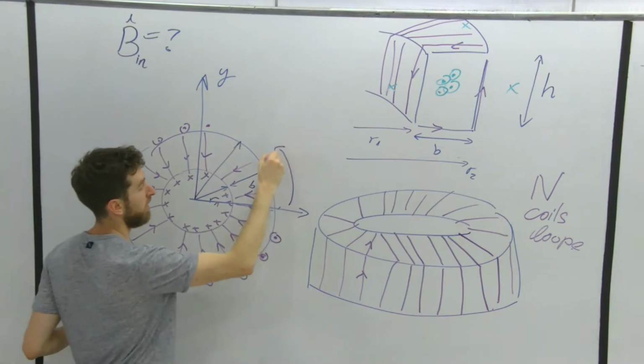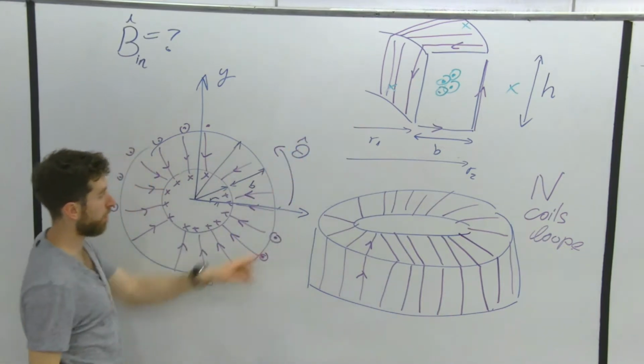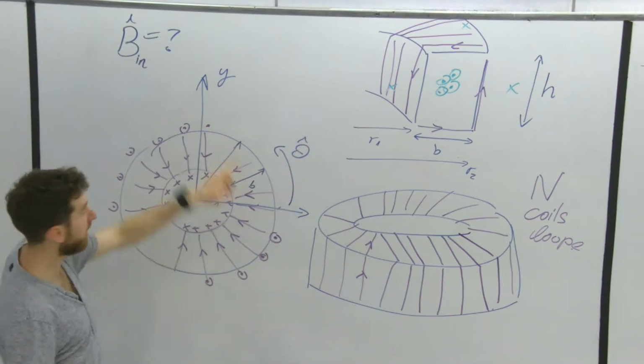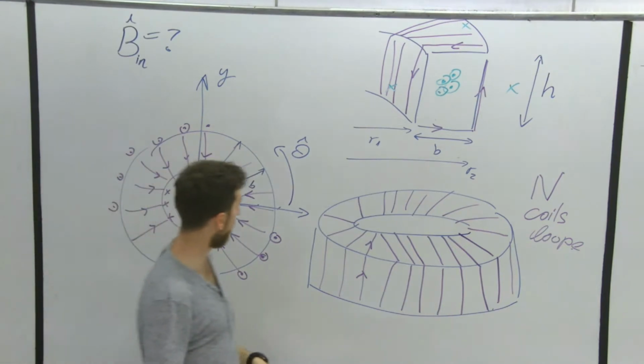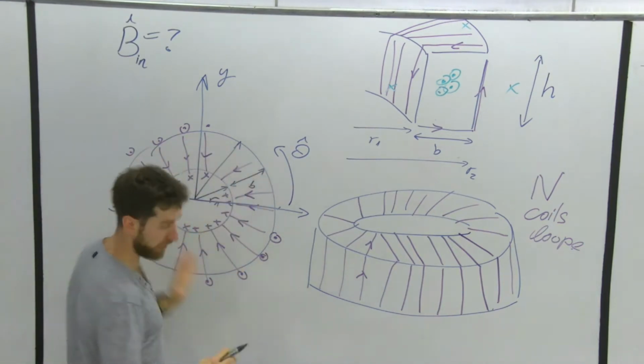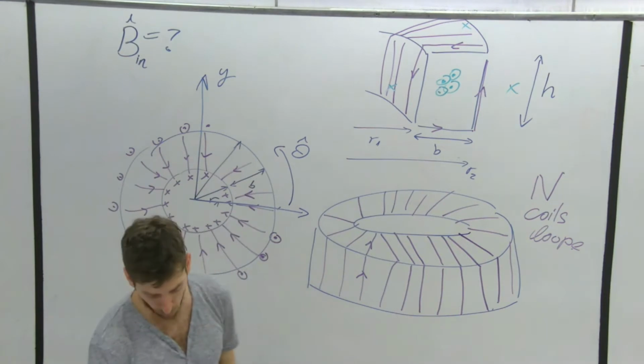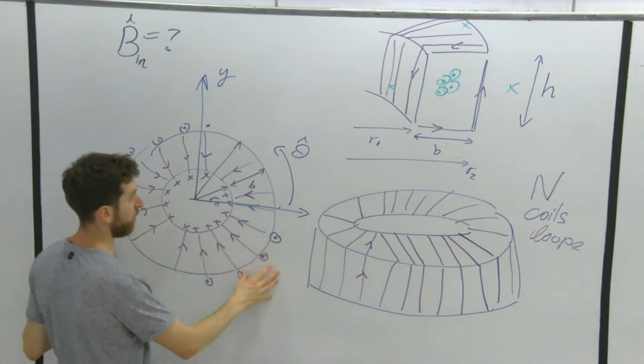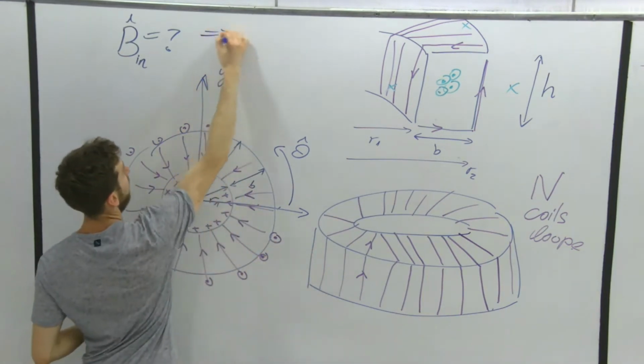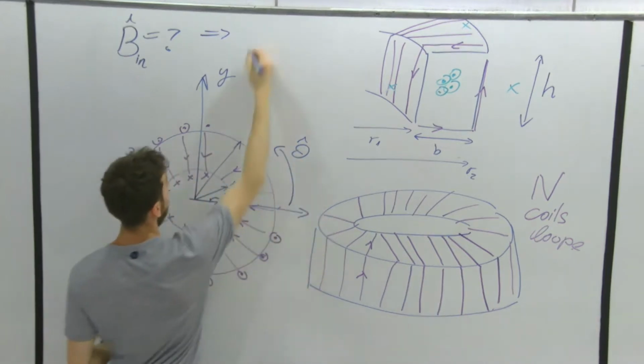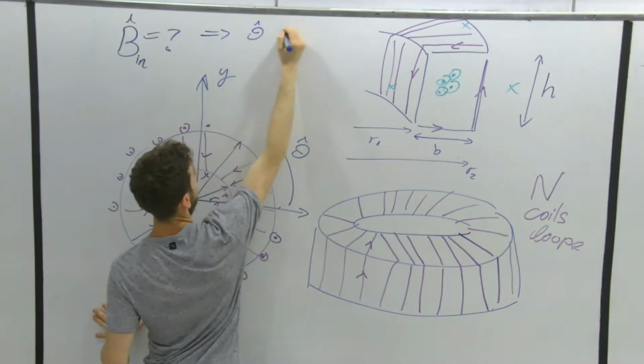So it's in the theta direction, that's what's going on here. Perfect, that's the concept. After we talked about the direction of the magnetic field, the magnetic field is tangential, so it is in the theta direction.